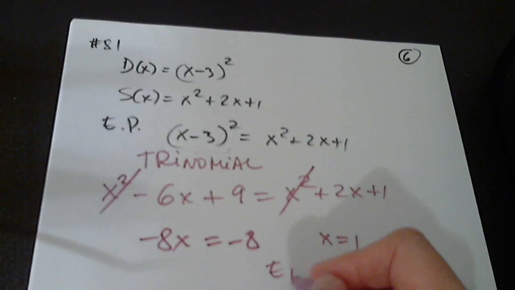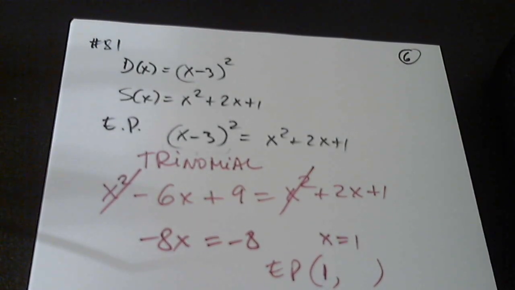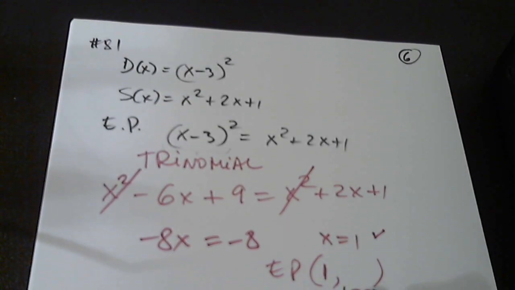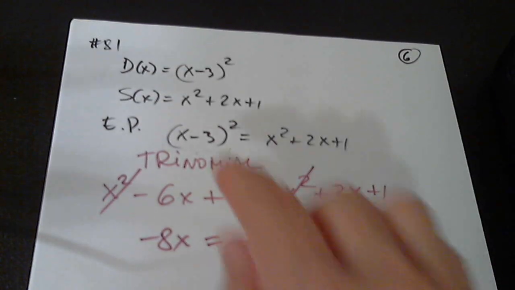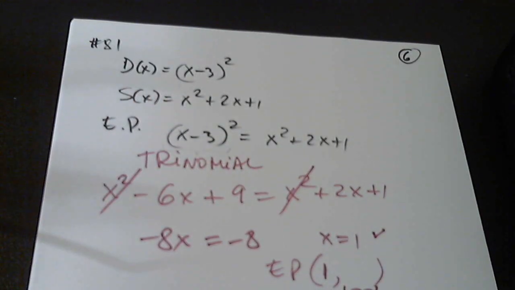So the equilibrium point has x equals 1, but this is not enough. It's a point. So I only determined the x value. How do I determine the y value? You plug the 1 into the equation. Exactly. How much is 1 minus 3?